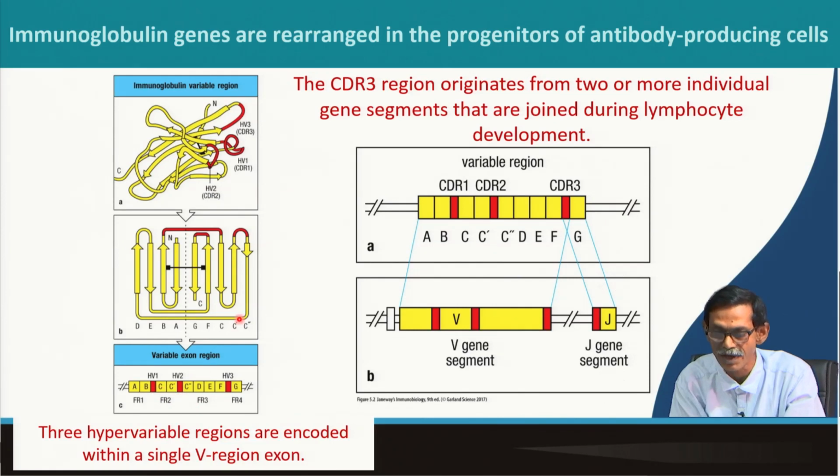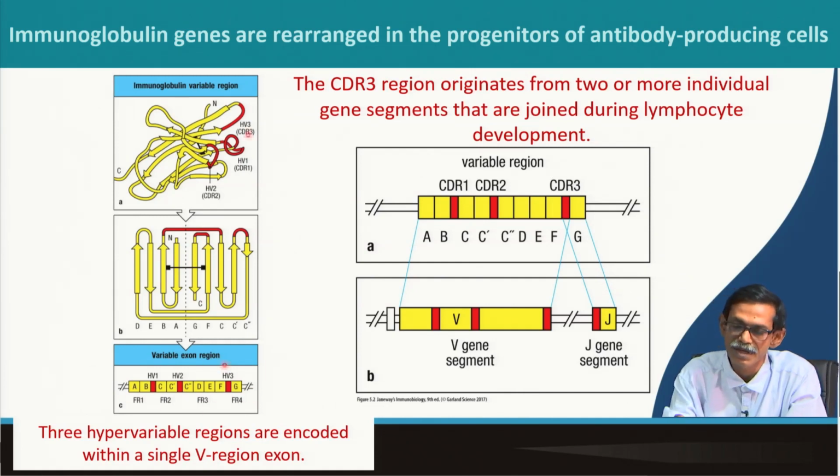Then C and C prime is HB2, and between F and G is hypervariable region 3. So, this is a schematic presentation of HB1, HB2 and HB3.